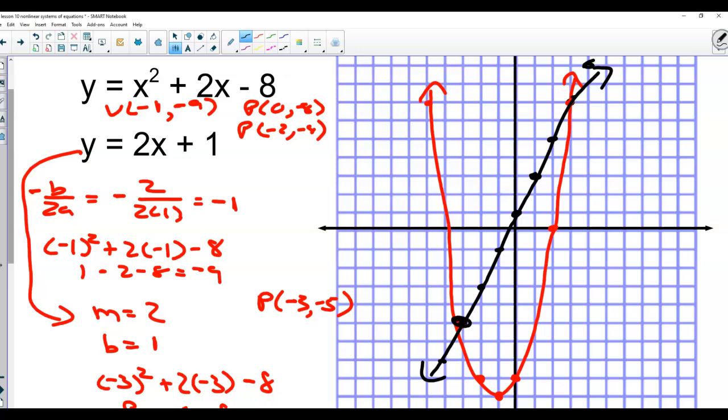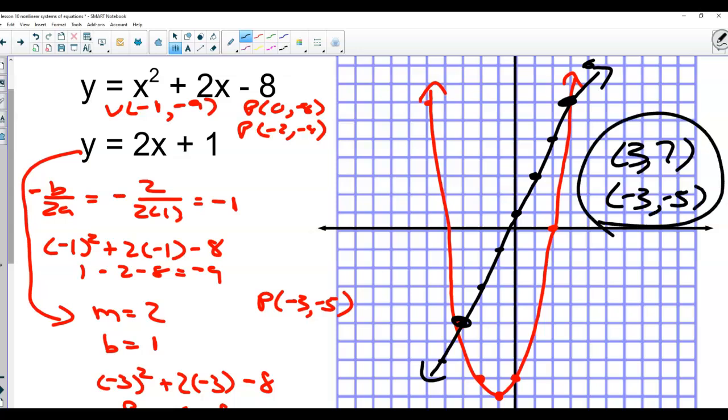So these are my 2 points of intersection. 3, 7, and negative 3, negative 5. And those are my 2 answers.